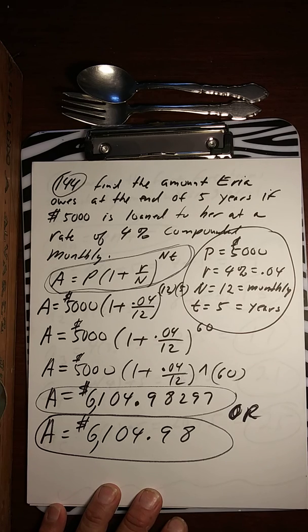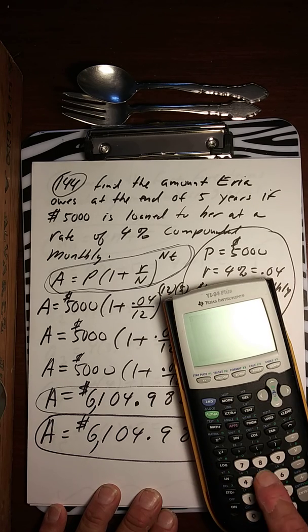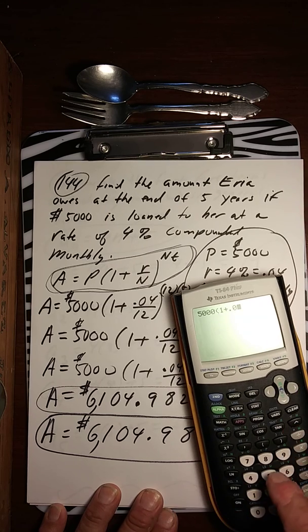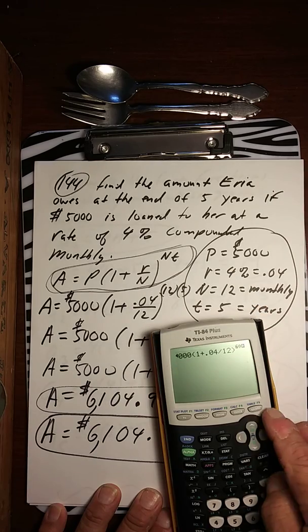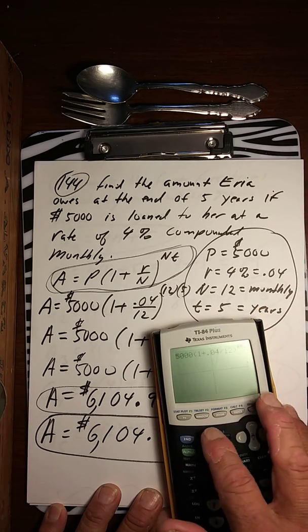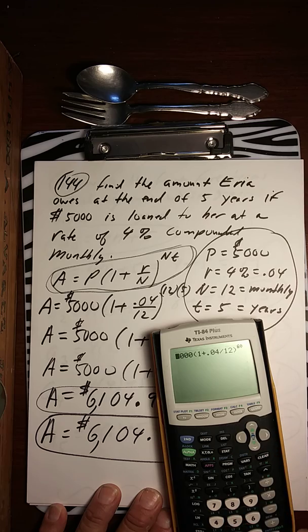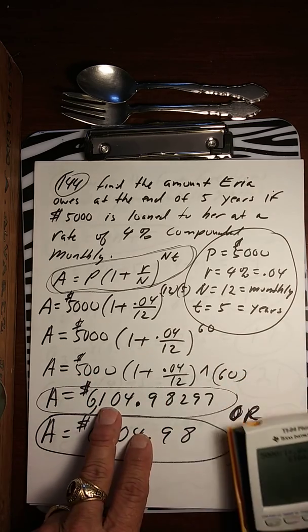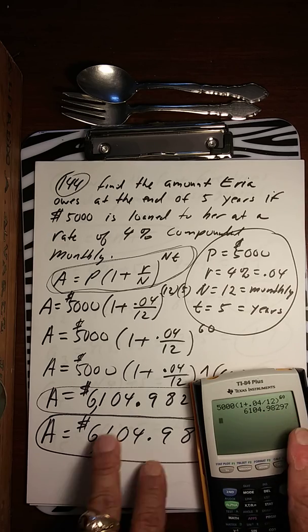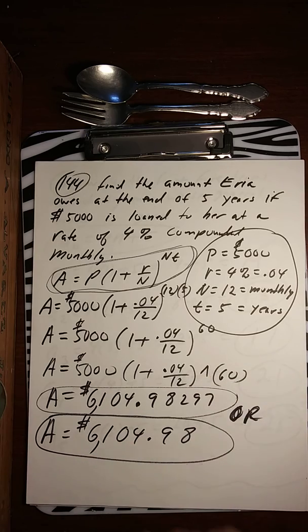Let's put it in the calculator. 5,000 parentheses 1 plus 0.04 divided by 12, to the power of 60. Enter. There we go. This number to the power of 60 is 6104.98, rounded to 6104.98.